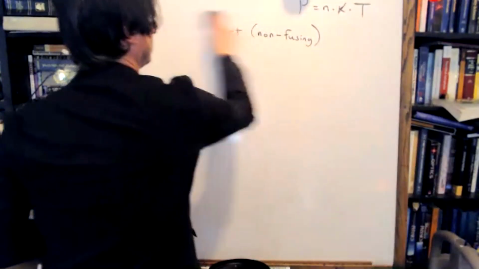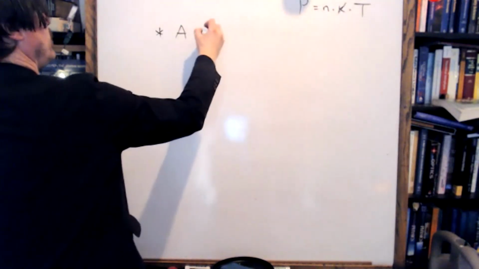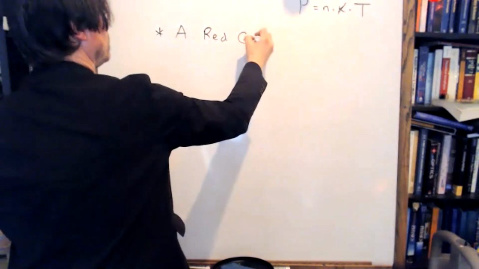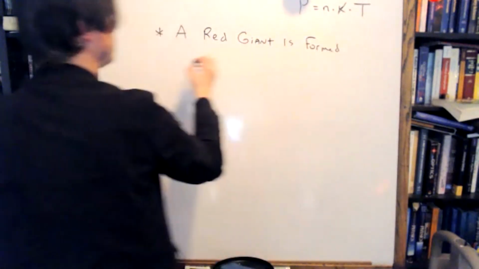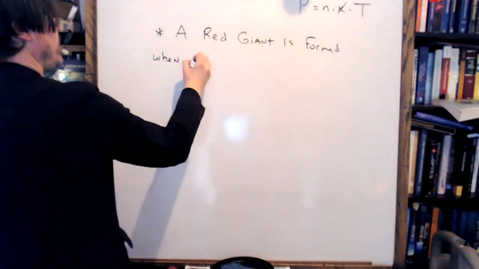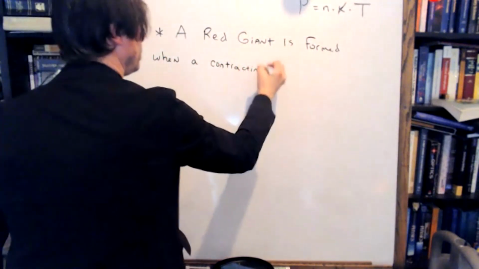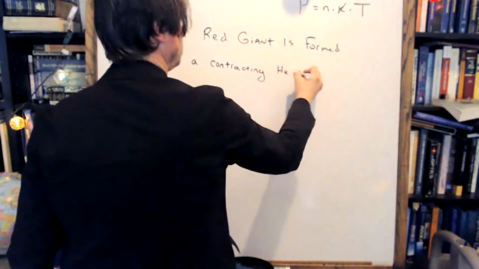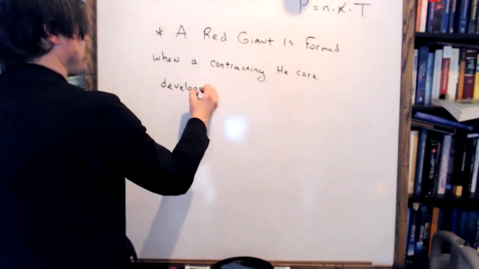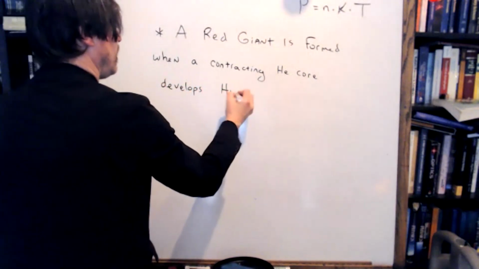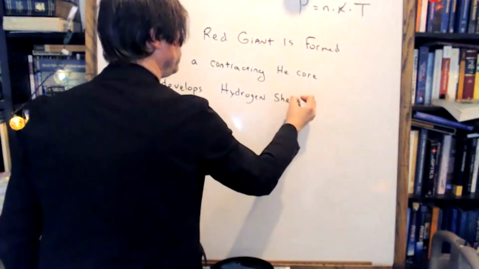Final note before we work on the table. A red giant is formed when a contracting, I guess we would call it, helium core develops what we would call hydrogen shell fusion.